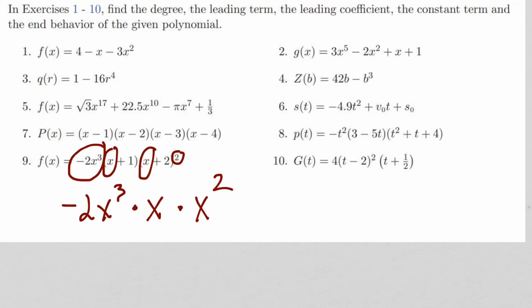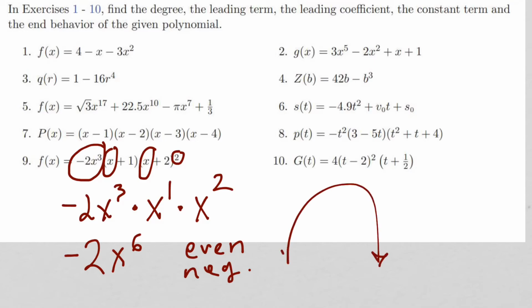That's negative 2 times 1, so my leading coefficient is negative 2. The degree of my highest power term: 3 plus 1 is 4, 4 plus 2 is 6. So this is an even degree with a negative leading coefficient, which means it's going to go down, down.